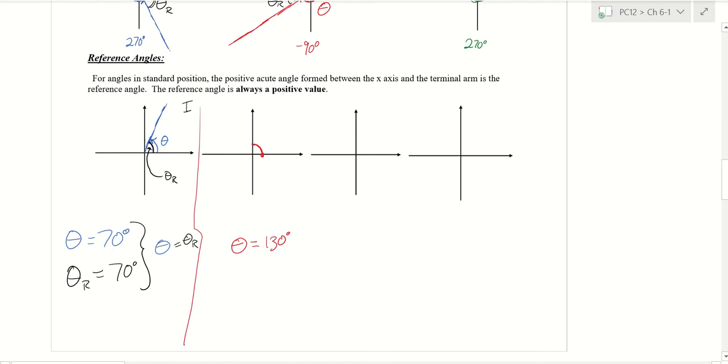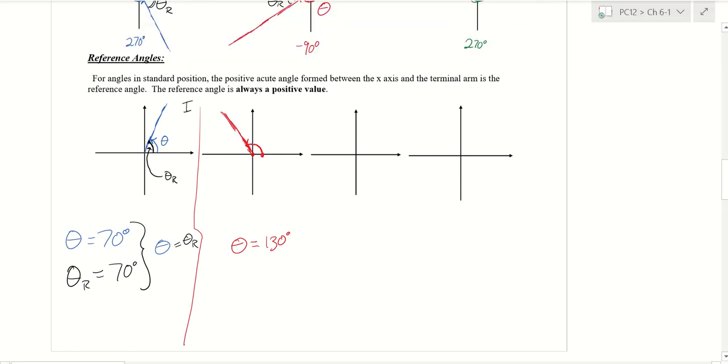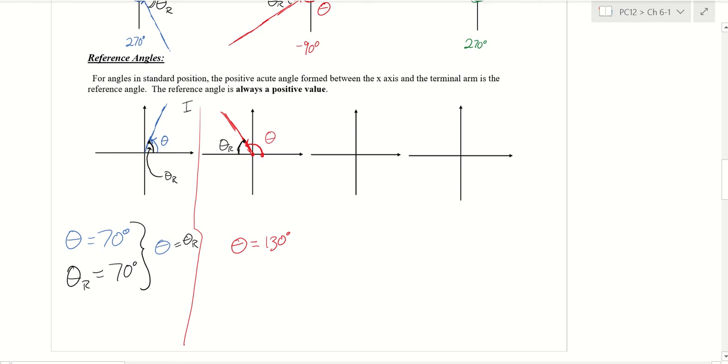Well, 40 degrees past 90 degrees. Drawing our terminal arm here. So here's our terminal arm, and our reference angle is just going to be drawing a point on the terminal arm and then connecting it down to the closest x-axis. So here we have this acute angle. So here is our reference angle. Here is our angle in standard position.